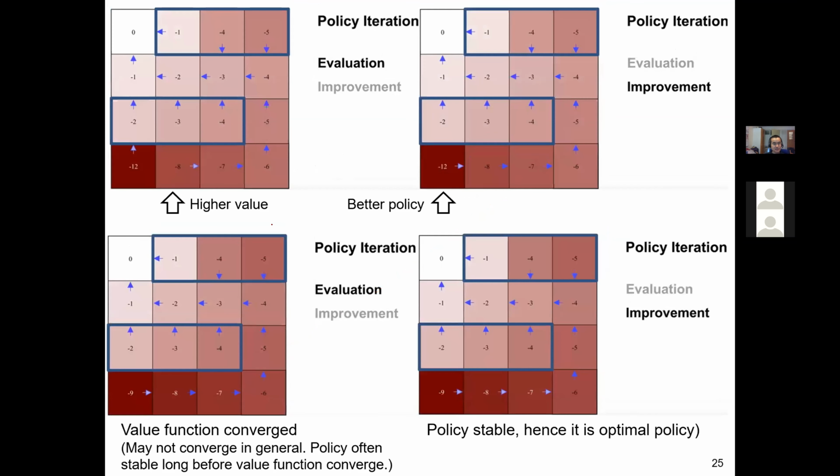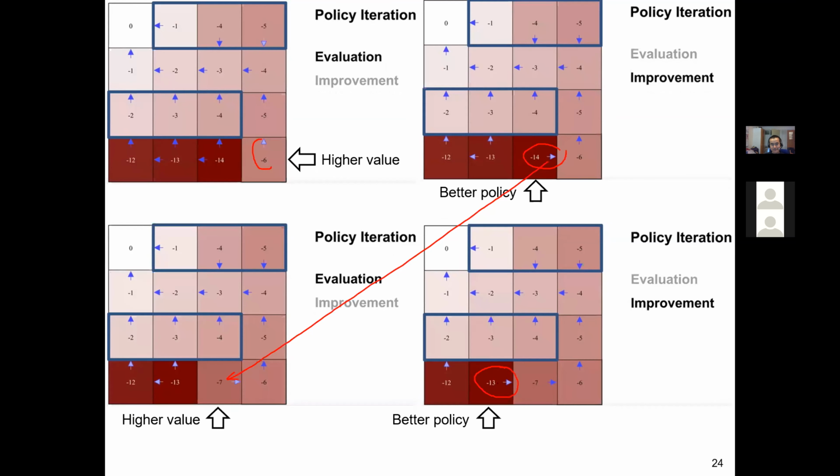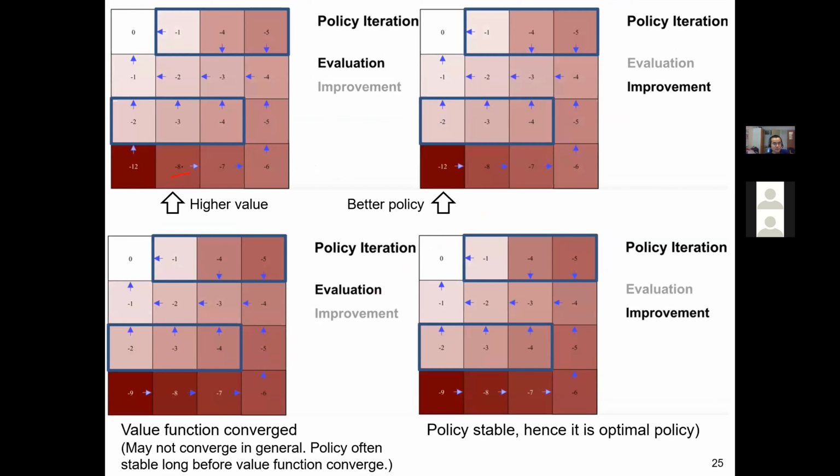Based on the new policy, we perform evaluation again, and because of the policy of going right, it gets a higher value at this point, about -8. The darker color indicates a more negative, lower value. So the policies ideally should point from a dark color towards a lighter color. That's the greedy policy. Then you perform policy improvement, and this one gets a new policy. Now it's pointing right.